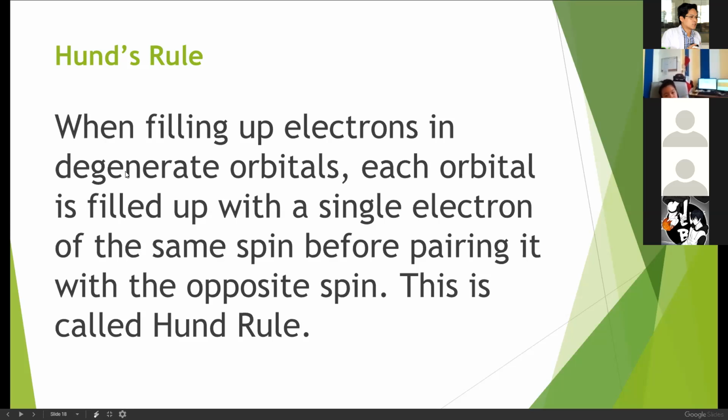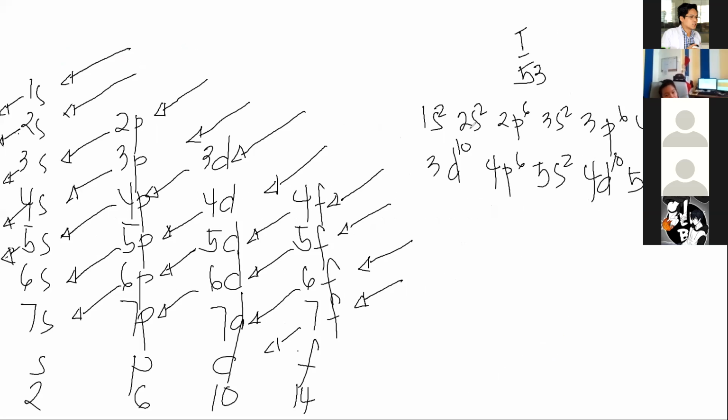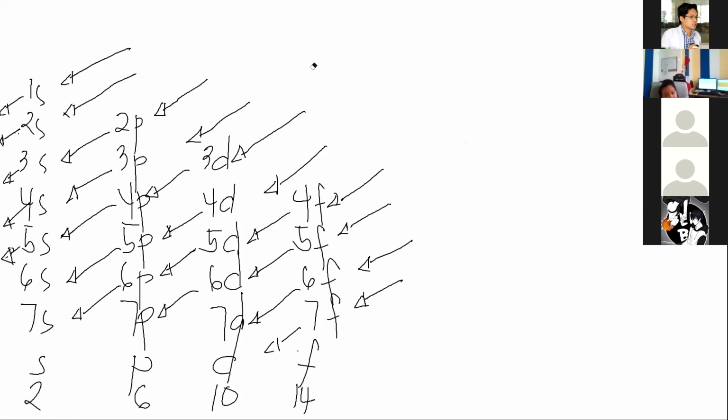Let's take this for example. Let's have the element sodium, which has an atomic number of 11.